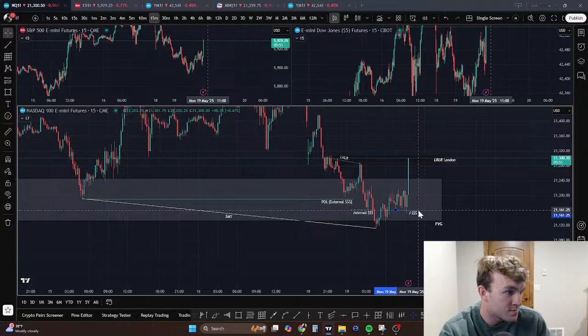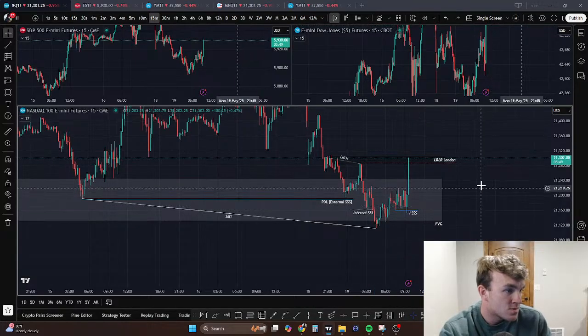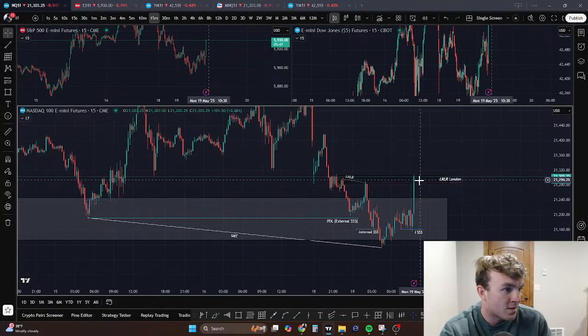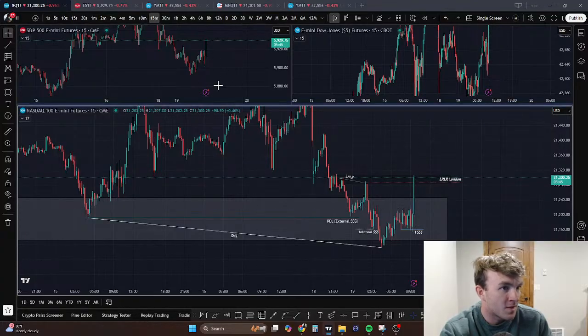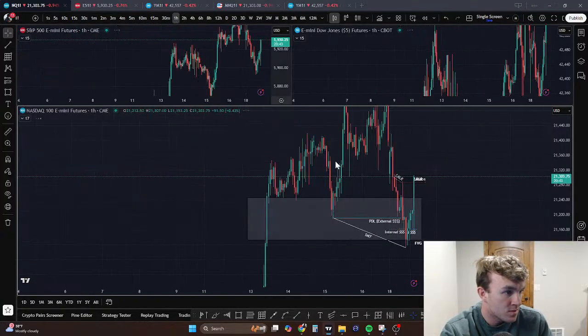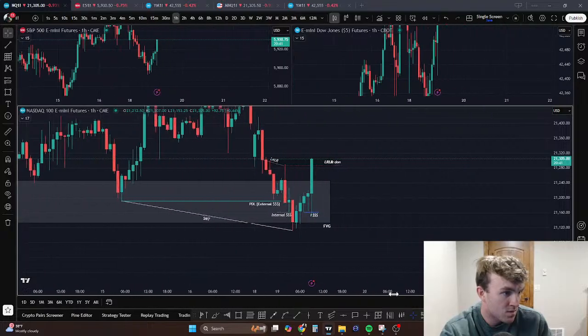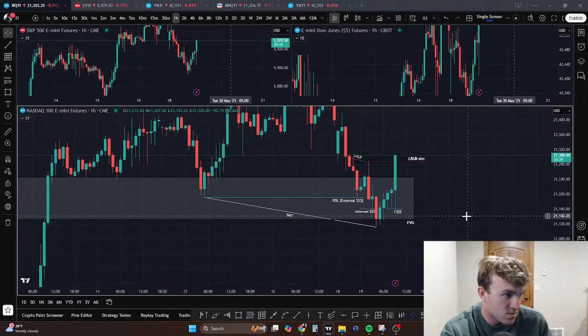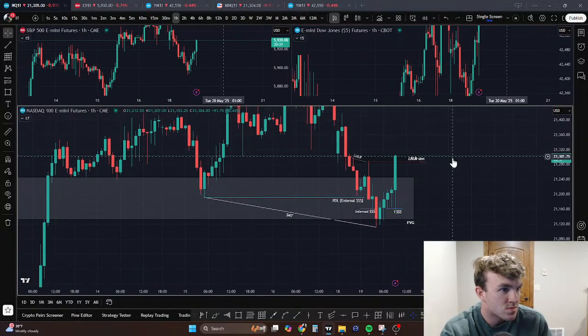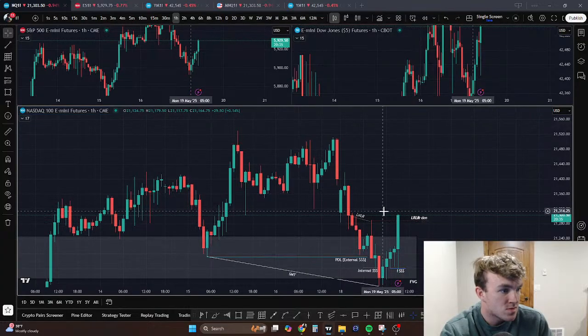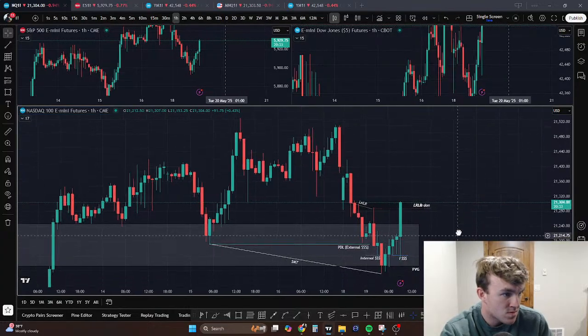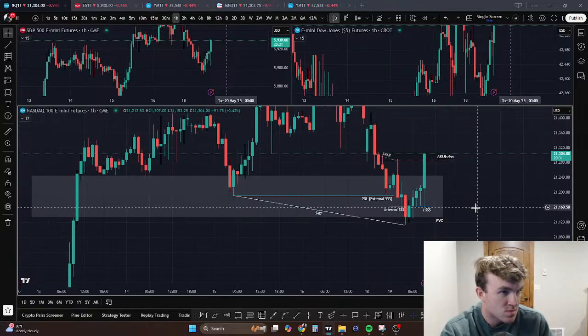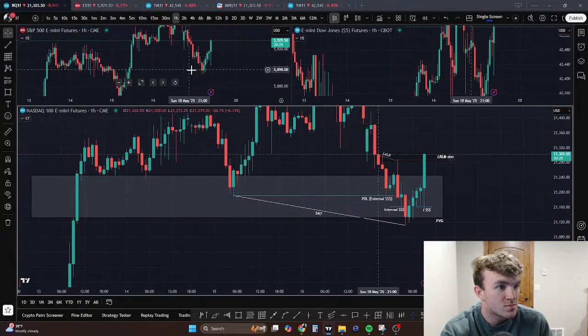So there we go. We're running that LRLR. We're getting really good displacement. We still have this really nice SMT.